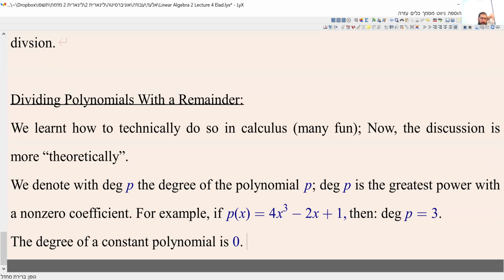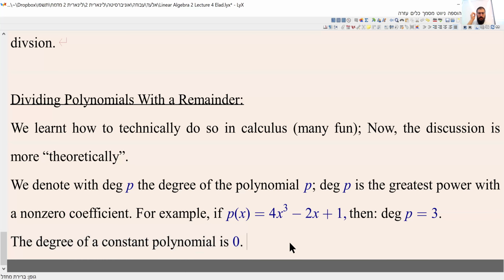It's not important to our discussion, but formally, one can define the degree of the zero polynomial not as zero, but as minus infinity. Why? It's not really important, but I just wanted you to know. You don't have to write it down. One can argue about the degree of zero itself.